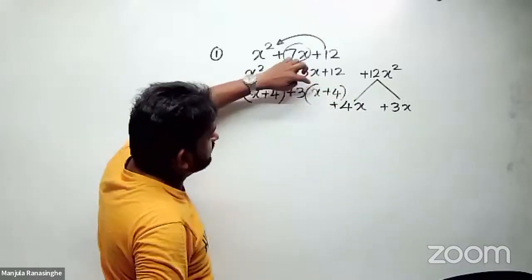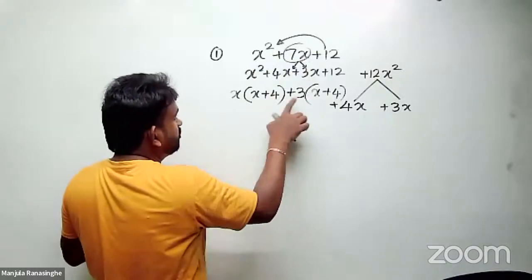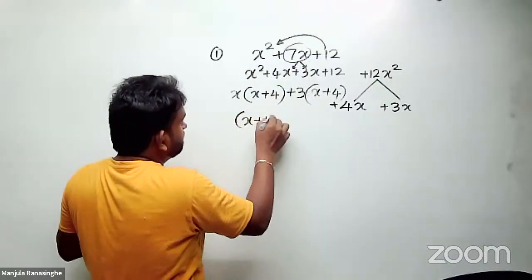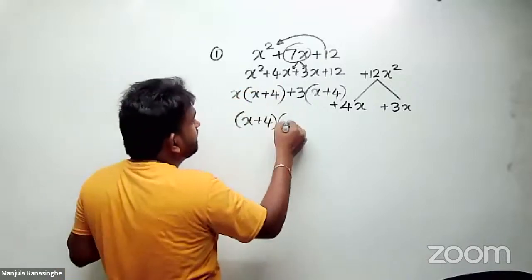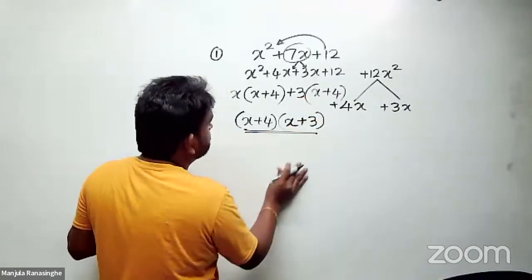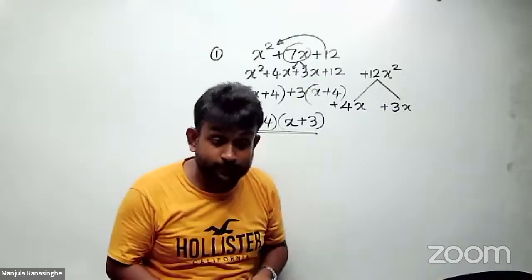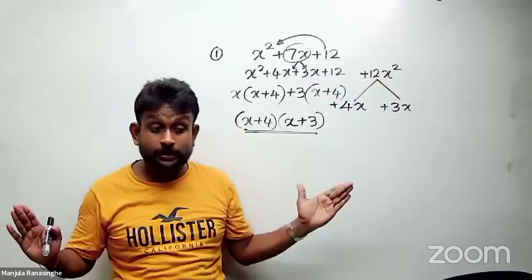Now x plus 4 is common, taken out. What remains is x and plus 3. So x plus 4 times x plus 3. That is what we discussed last time.